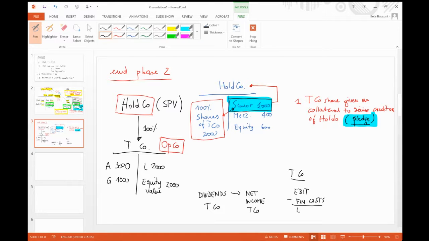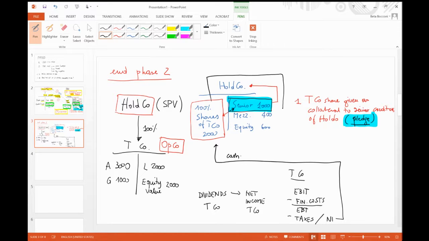This is EBT minus taxes, net income. Assuming that the payout is 100%, this net income is paid to the holding company in the form of cash, and this cash is used to pay back the senior creditor.